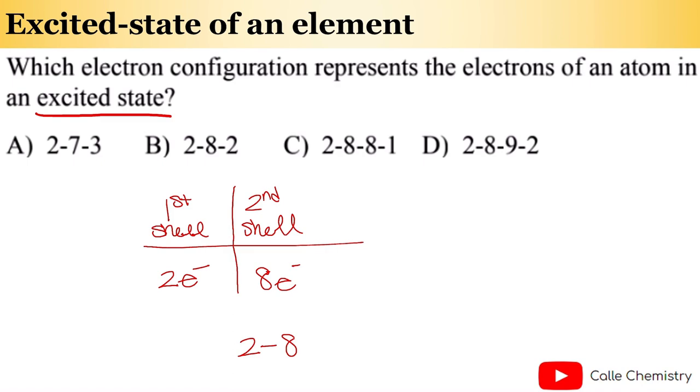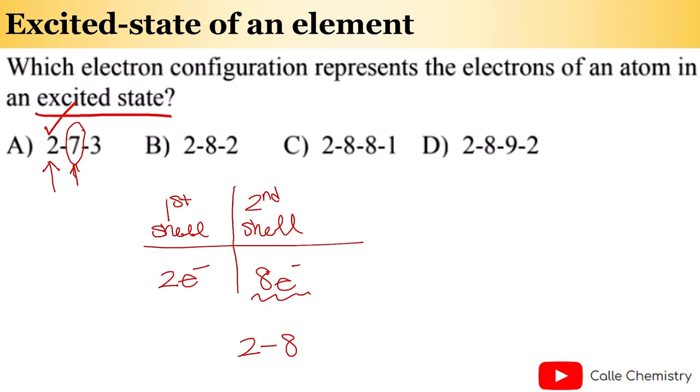Let's get started with A. A has 2 electrons on the first shell, so that's good, check. And now it has 7 electrons on the second shell. Well, we know that the second shell can hold a maximum of 8 electrons.